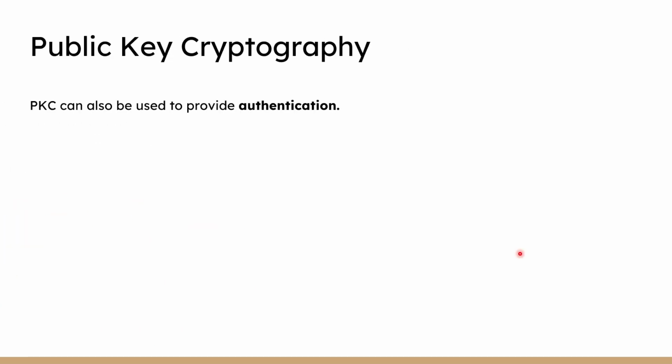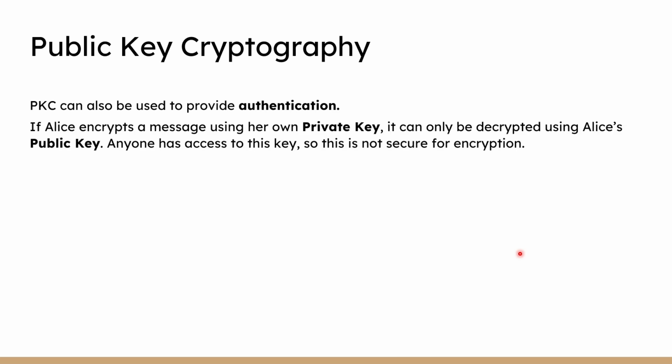We can also use public key cryptography to provide authentication, the third goal of encryption. So basically, we can be sure of who sent the message. If Alice instead encrypts the message using her own private key, this means it can only be decrypted using her public key. This isn't secure because anyone can just decrypt this using her public key, because anyone has this key.